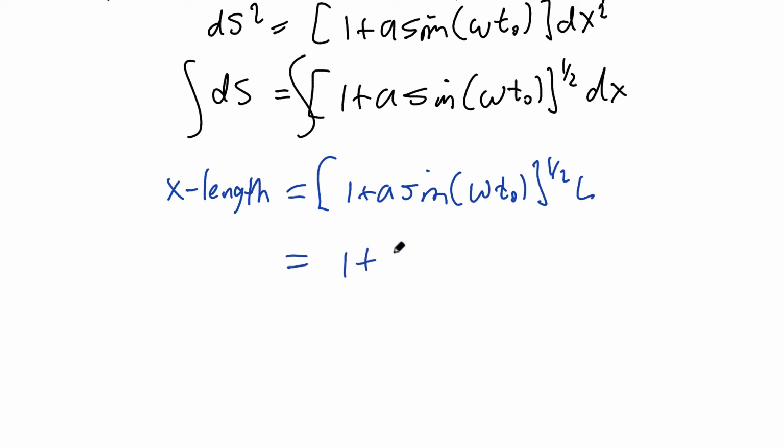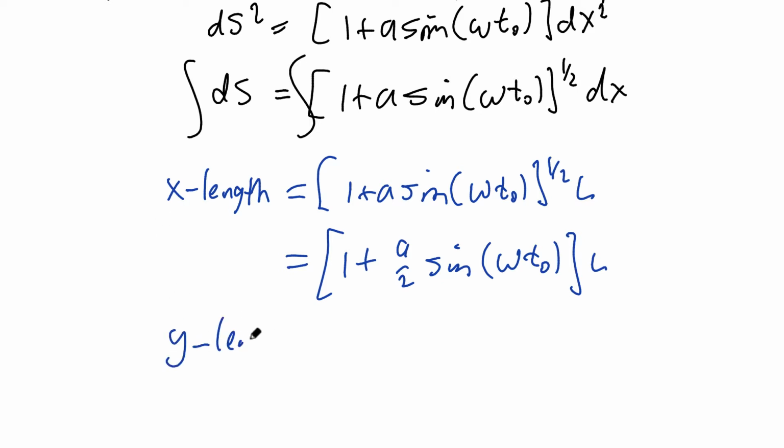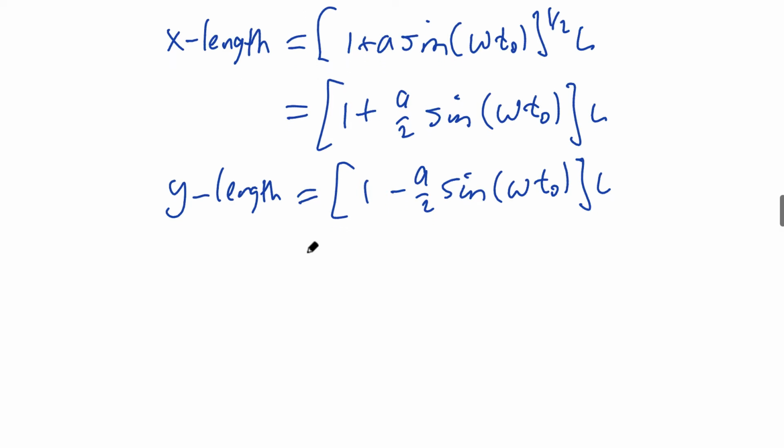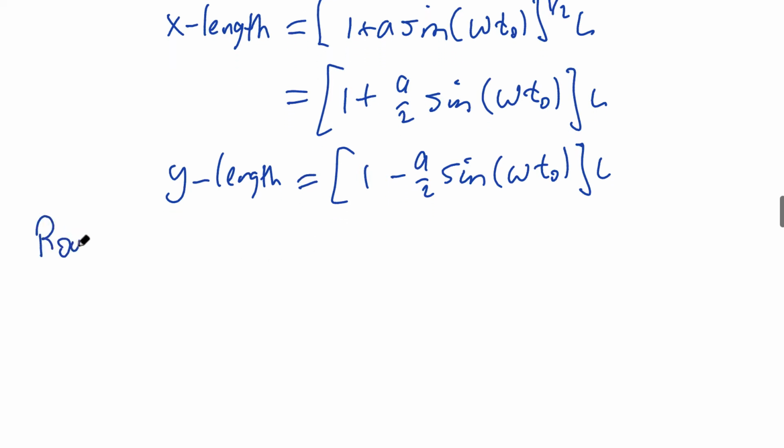So this is 1 plus a over 2 times sine of omega t0 times L. And likewise, if we compute the y length, the proper length of the y arm at time t0, we find 1 minus a over 2 times sine of omega t0 times L. Now let's compute the time it takes light to travel the length of the X arm and back. So that's the round trip light travel time.